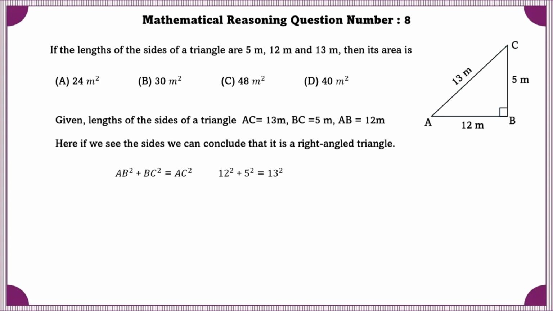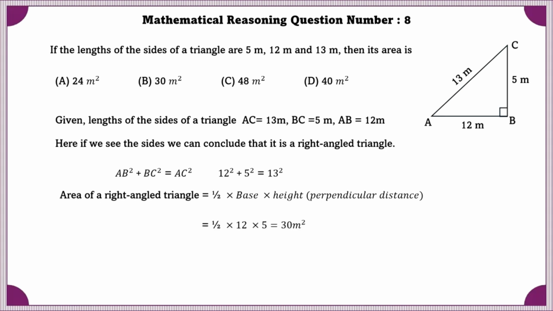That is, AB square plus BC square is equal to AC square. Yes, it is confirmed that it is a right angle triangle. So now let us apply the formula for the area of a right angle triangle, which is equal to 1 by 2 into base into height. Therefore, we can find the area of the right angle triangle as 30 meters square.